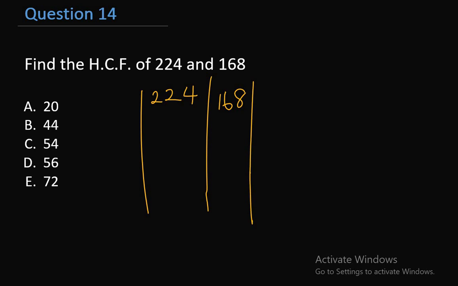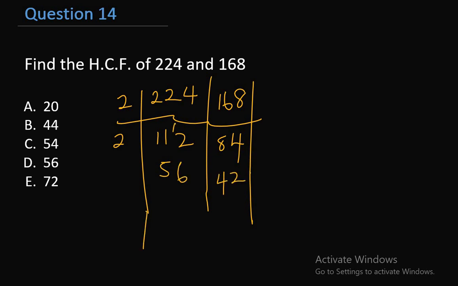For HCF, you look for a number that can divide all the numbers involved. Here we have 2 numbers, 2 can. 2 into 224 is 112, 2 into 168 gives me 84. 2 can still divide both of them. So we go again. 56 and 42. 2 can still divide. 28 and 21.